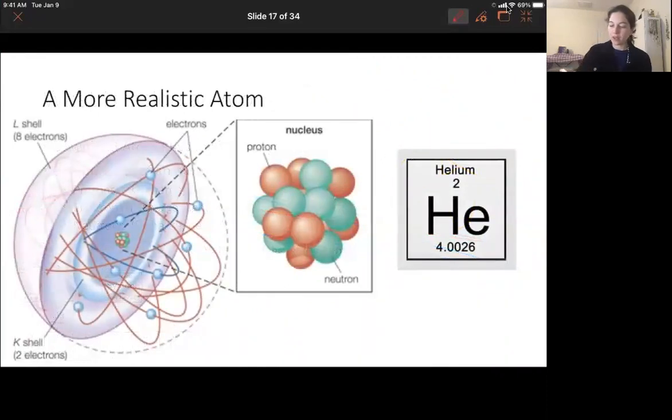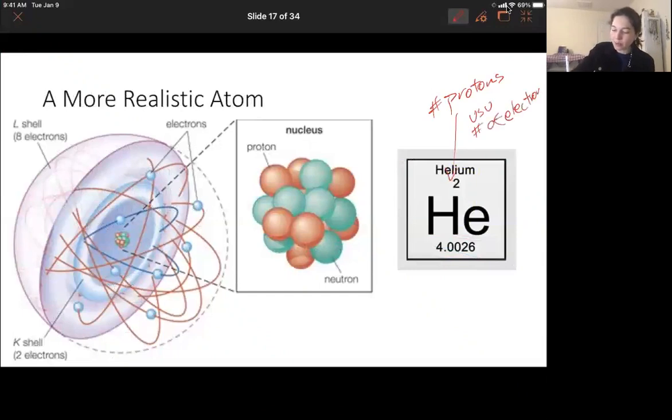Okay. All right, so remember that this is your number of protons. It's also your number of electrons. In most cases, we're going to discuss when that is not the case. Usually, number of electrons.